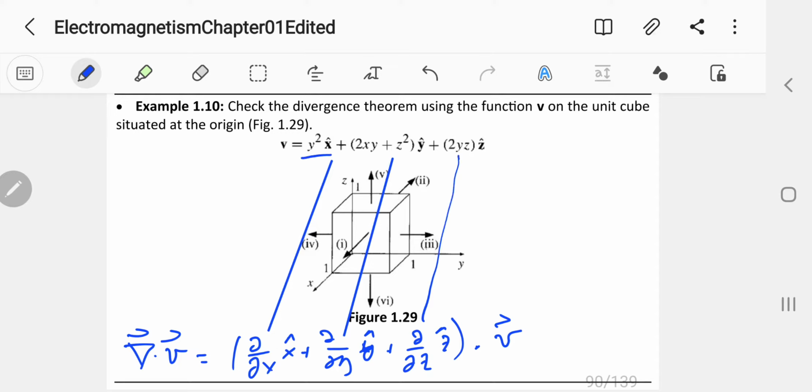So here this does not have x, so this will just be 0 plus the partial with respect to y. This one gives you 0 and this one will give you 2x plus, for this one here, the partial derivative with respect to z is just 2y. So this is just equal to 2 times x plus y. So that's the divergence of v.